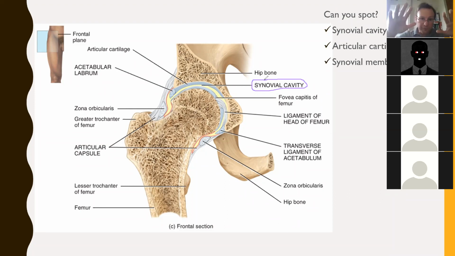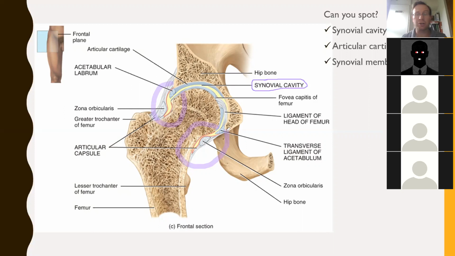The synovial fluid allows the lubrication of that cartilage. Now, that doesn't come from nowhere. Can you see these little areas here? Can you see that bit that's coloured in red?